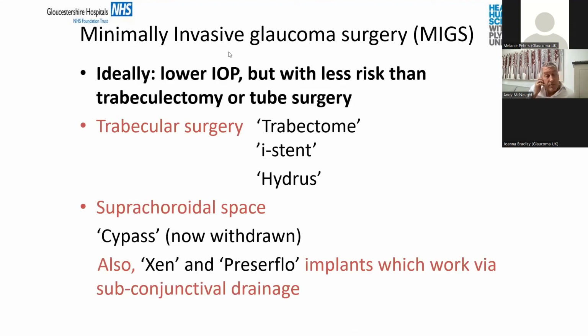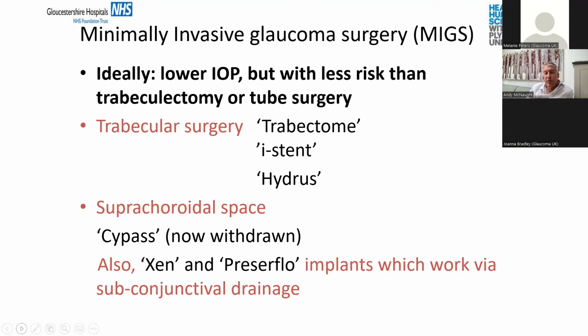And really, this is quite recent development. This is so-called minimally invasive glaucoma surgery, or MIGS. So the concept there is to make the pressure lower using surgery, but with less risk than either trabeculectomy or tube surgery. So that was the starting hypothesis. And there's a range of different ways of doing this.